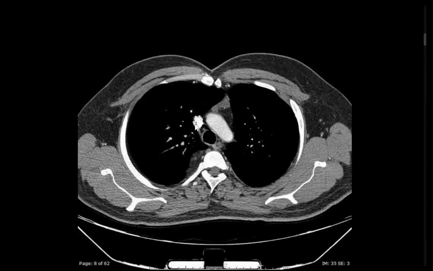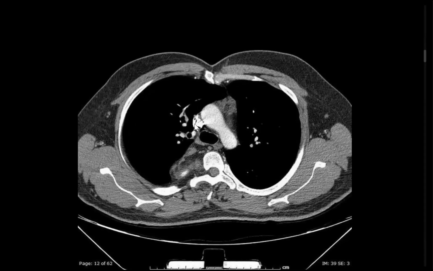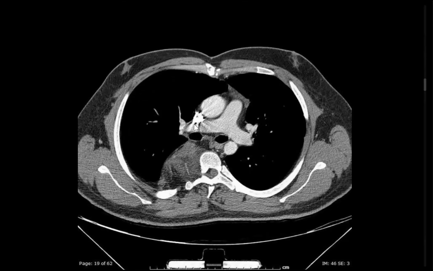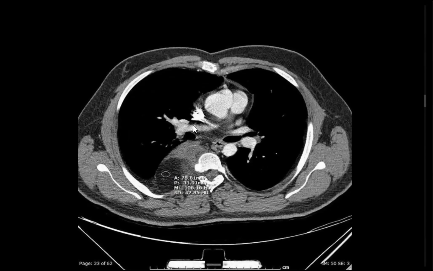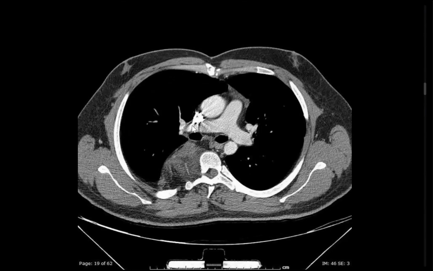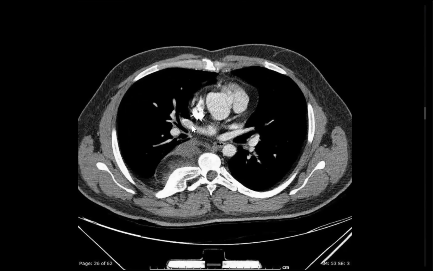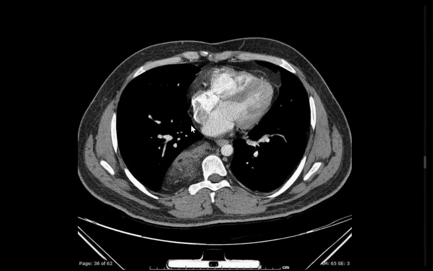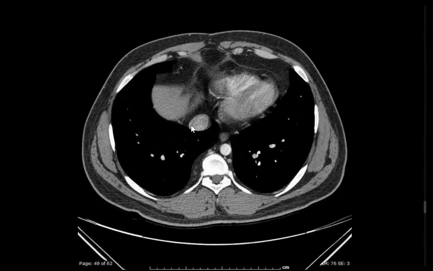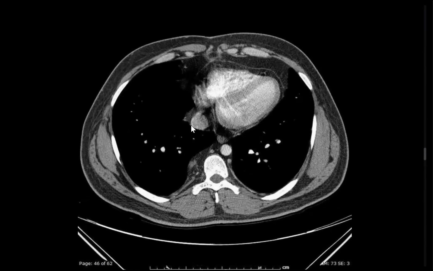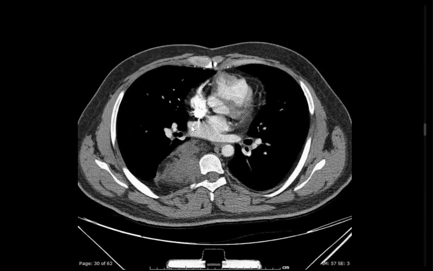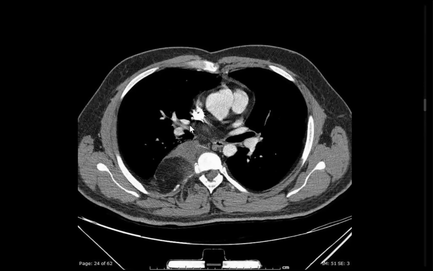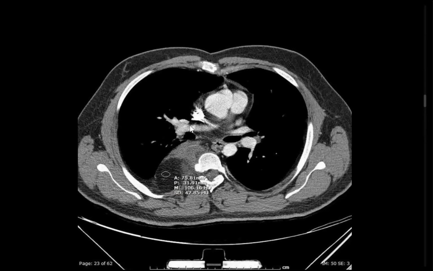I'm scrolling from top to bottom, and a mediastinal window axial contrast-enhanced CT scan has been provided. I can appreciate a heterogeneous lesion in the right paraspinal region, showing soft tissue intensity, and a few fat intensity areas are also noted in it.